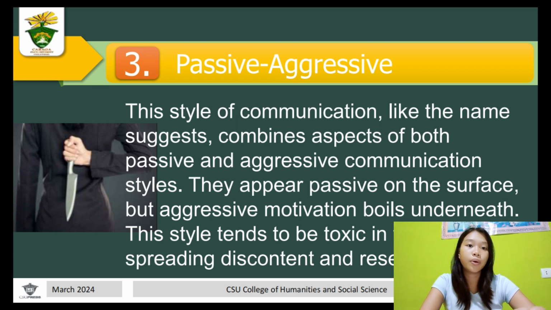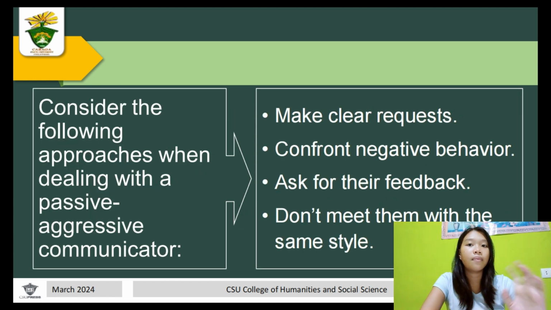So consider the following approaches when dealing with a passive aggressive communicator. So make clear requests. So try to not leave room for misinterpretation or confusion. So kanisha, this is like sa workplace. So make sure, not just workplace, but discussions with their classmates or maybe friends.